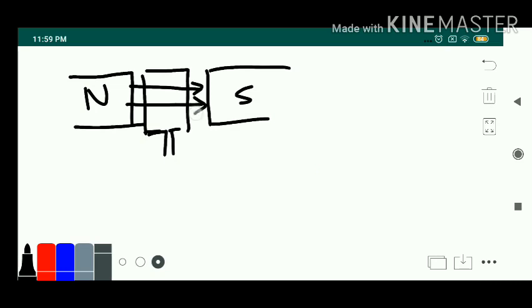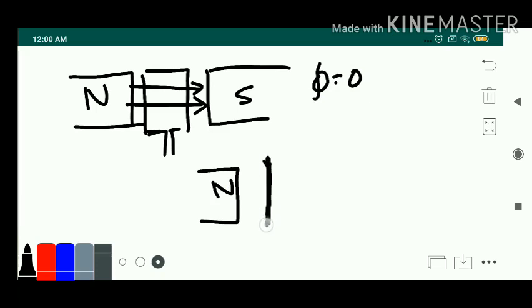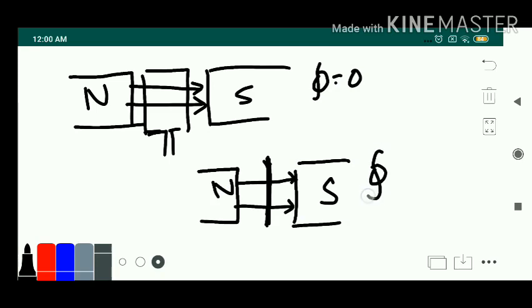So nothing is cut by this coil, so the flux is 0, I told you earlier, right? Whereas if I change the scenario, and the coil is rotated in such a way that I can only see its side profile, with this north and south pole and these magnetic field lines, all the lines are cut by it.